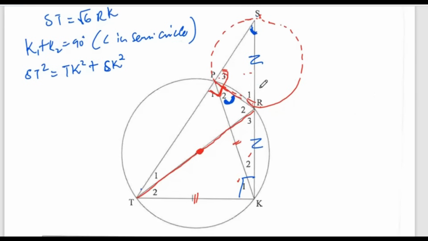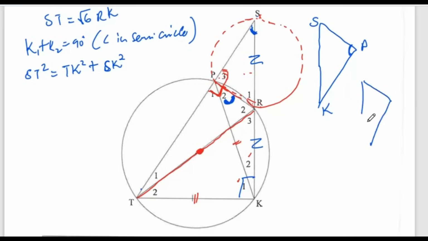This is PSR, that is SPK. So if I have this kind of format, this is SPK. I know this is my P13. And I draw the small one. K is common.